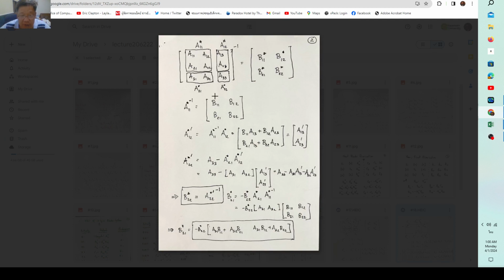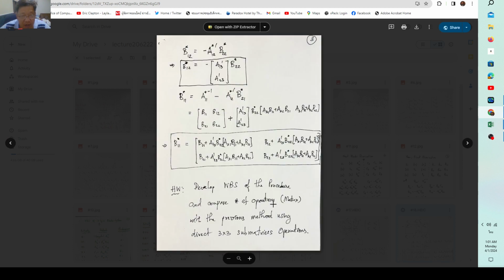3 by 3 is the same, right? But this one is just a mathematical flow, okay? But it's not the work breakdown structure flow, okay? And we didn't count the number of operations of submatrices.